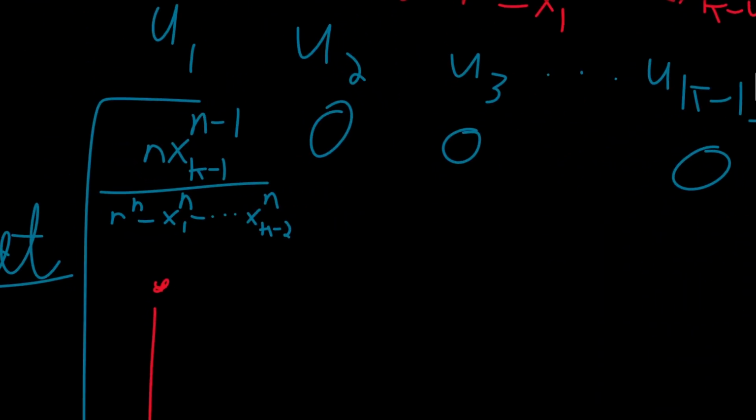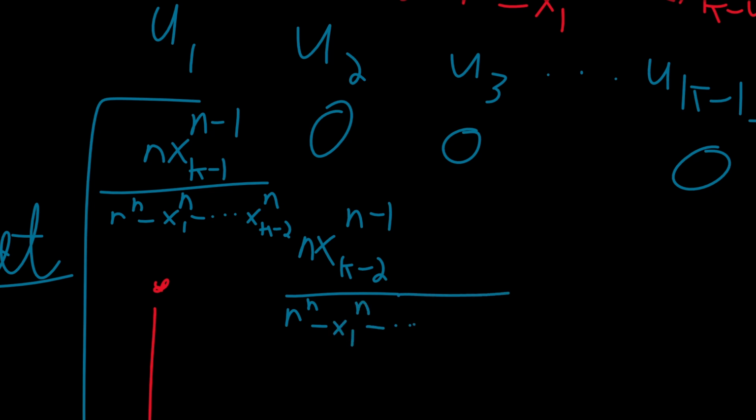So what we have is just n x_{k-2}^{n-1} over r^n minus x1^n minus dot dot dot, extend the fraction bar, x_{k-3}^n.